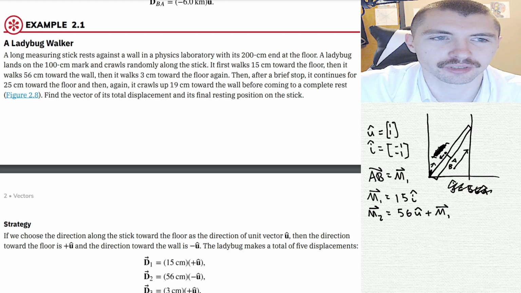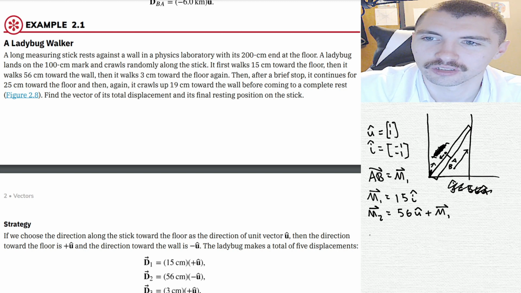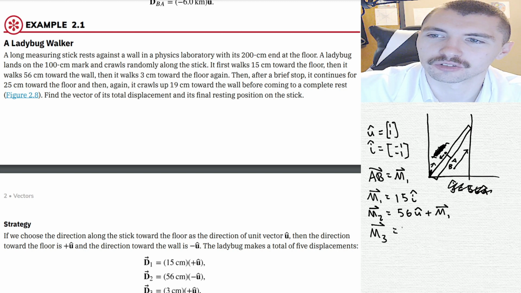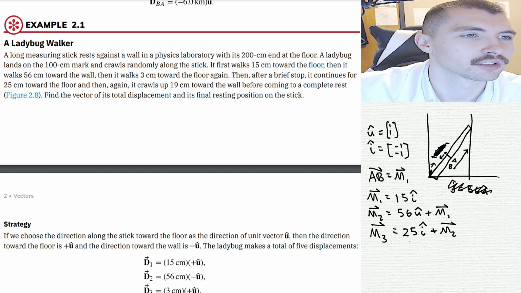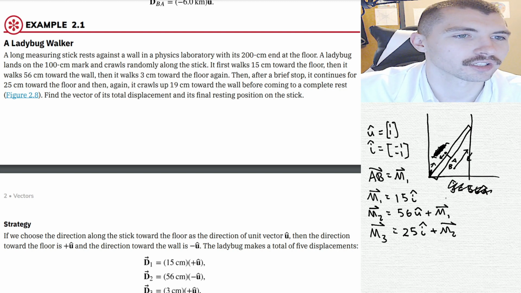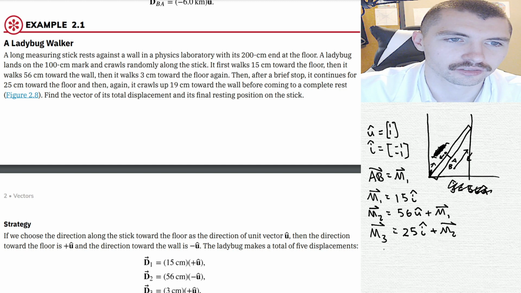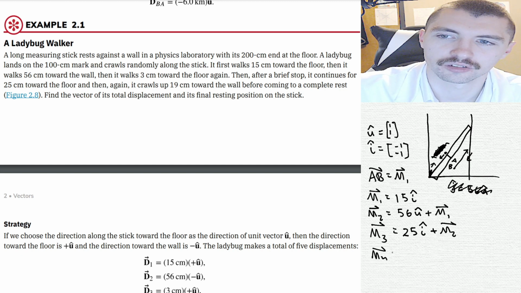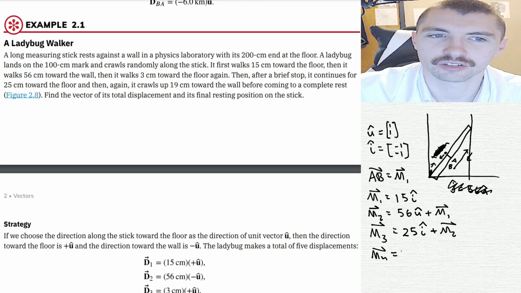Then after a brief stop, it continues 25 centimeters towards the floor. So M3 is going to be 25 towards the floor, I hat, plus M2. And then it crawls 19 centimeters towards the wall.